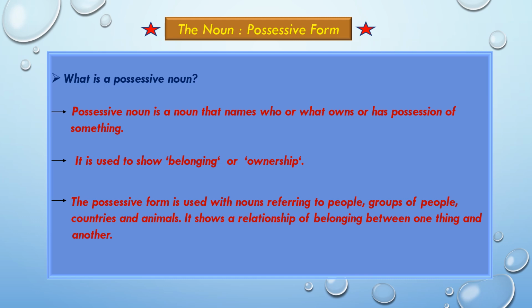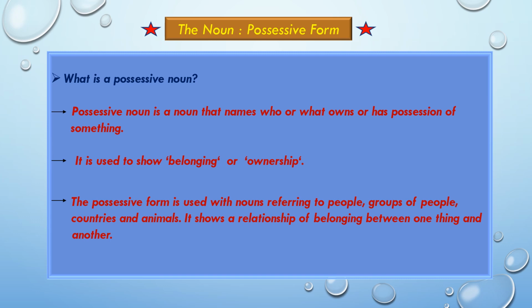If something is there and we have to tell about the possession of that particular thing, a particular thing belongs to whom? Who has the possession of that? So that name is a possessive noun. It is used to show belonging or ownership. Who is the owner of that particular thing? That particular thing belongs to whom?